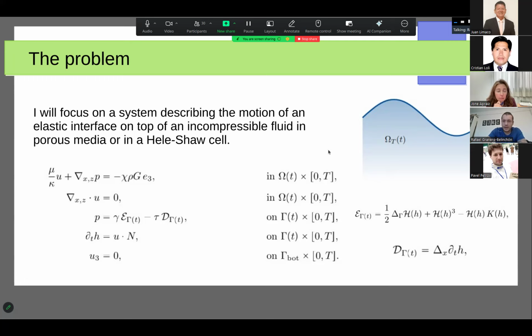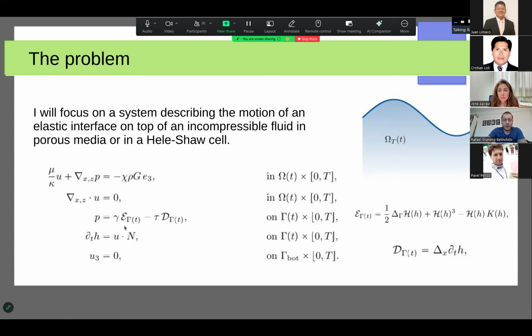These are the laws for the fluid, and these two are the law for the solid, and this is the law that actually communicates both things. So the pressure of the fluid on capital Gamma satisfies this boundary condition.